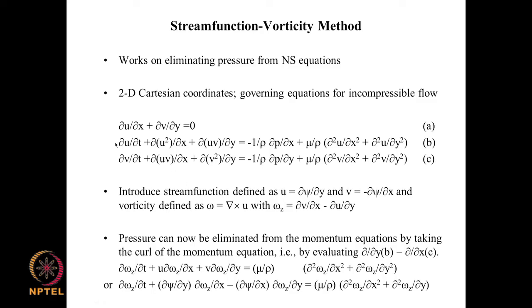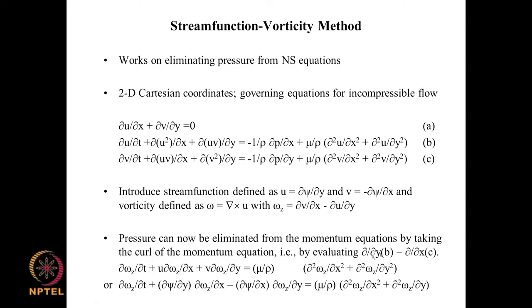So, you write this as ∂/∂y of ∂u/∂t plus ∂/∂y of ∂/∂x of u² plus ∂/∂y of ∂(uv)/∂y equal to minus ∂/∂y of 1/ρ ∂p/∂x, and so on. So, before every one of these terms you put the ∂/∂y operator, and similarly for the other equation, and then you can go through some algebraic manipulation, and finally you can simplify it and get this particular equation here.